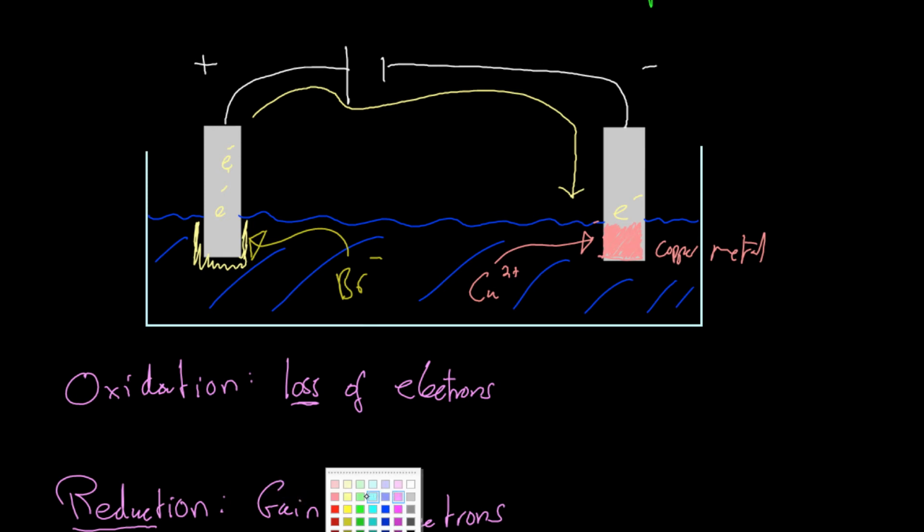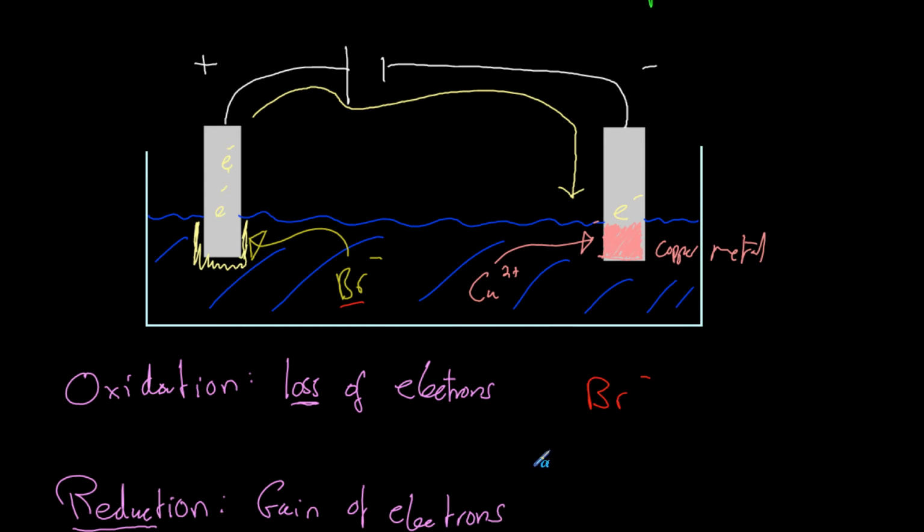Okay, now half equations are written like so. We use ions and electrons in half equations, and I'm going to talk about the left-hand side first, so the oxidation. If you have bromine and your bromide ion, what you're starting from is the bromide. So we're going to write that out first.